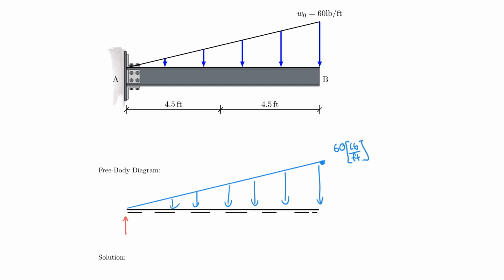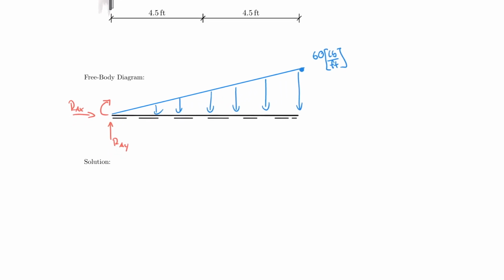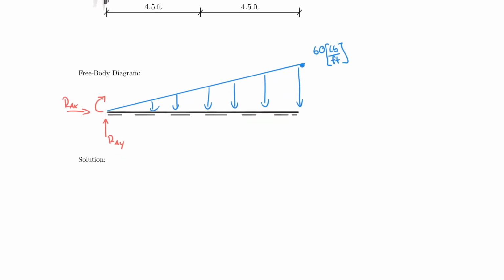So I assume that RAY goes up. I assume that RAX goes to the right. And I assume MA to go clockwise. And now I'm ready to perform my calculations of this not so complicated system. So let's go ahead and actually add the distance here. So this happens to be 9 meters.